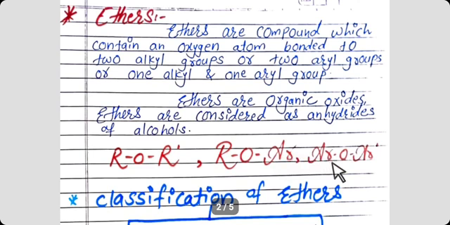Next is ArOAr means oxygen atom is attached or bonded with two aryl groups. As all of you know, aryl group is nothing but an aromatic ring. So here you can see ethers are compounds which contain an oxygen atom bonded with two alkyl groups, one alkyl and one aryl group, or two aryl groups.